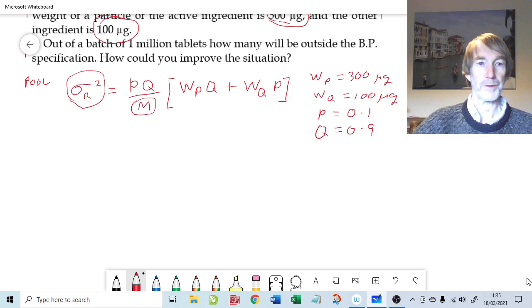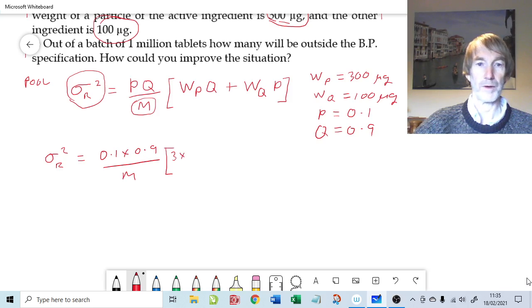So if we put some numbers into the Poole equation, we have our variance again. This is the variance between the samples taken from the powder mixer. We know that we've got 0.1 times 0.9. We're going to leave M as mass. We know the weight of the particle is 300 micrograms, but I'll just call that 3 because I'm going to take some powers outside the bracket.